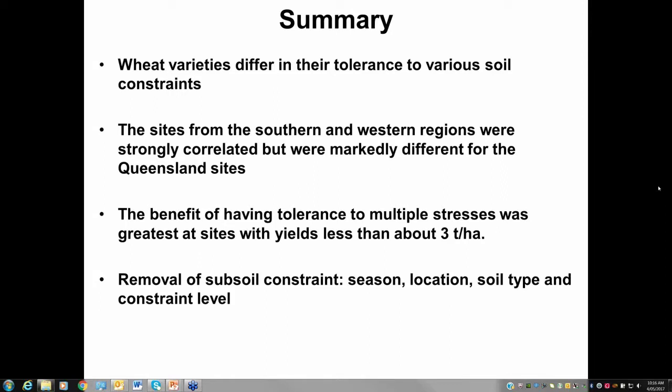So it's not about just one root trait, but there is some work that looked at, for example, root hairs and the higher specific root volume that is capable of having access to the water and nutrients in the soil. But just focusing on breeding in a conventional way for those varieties that perform better, that performance is related to the capacity of the root to penetrate into the deeper soil.